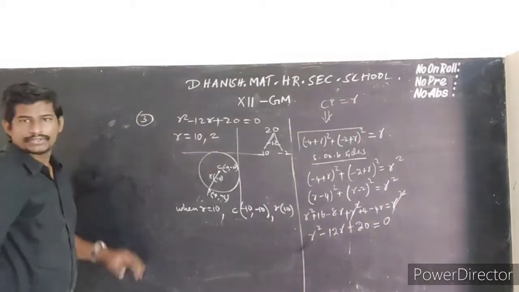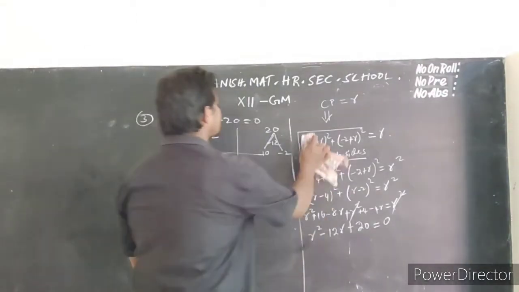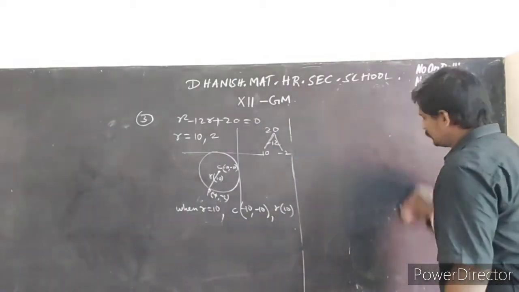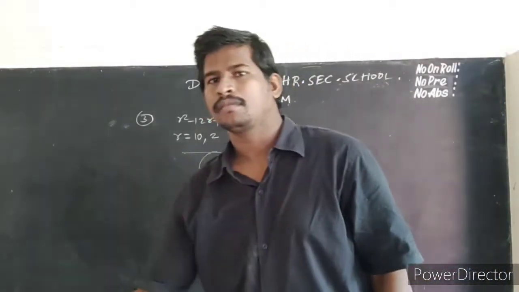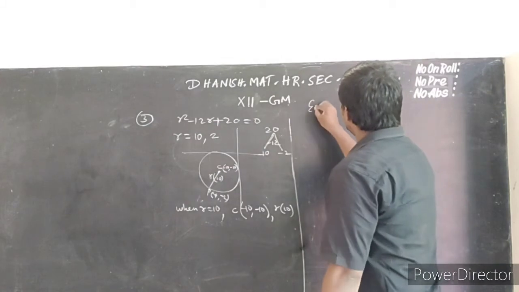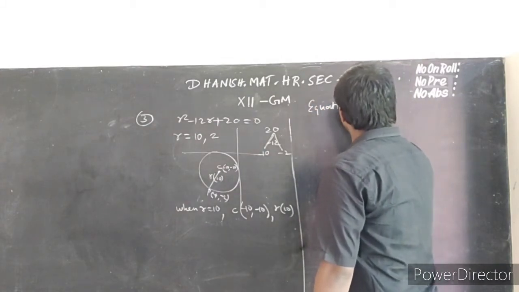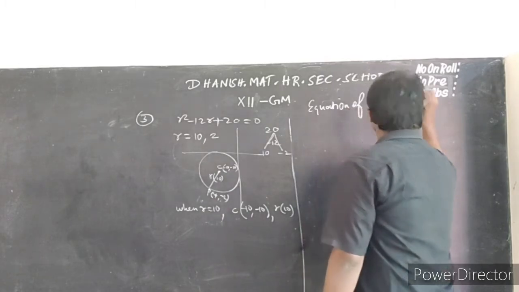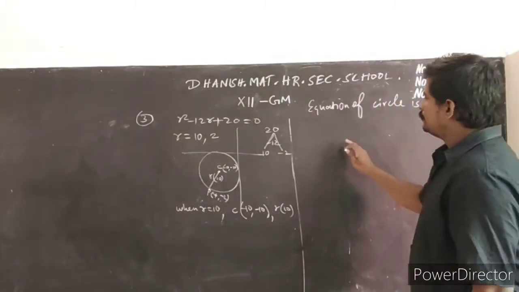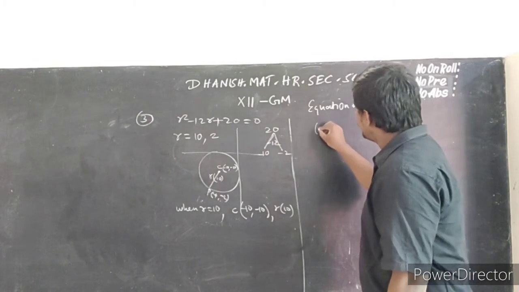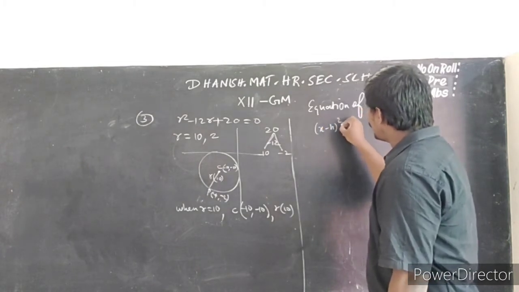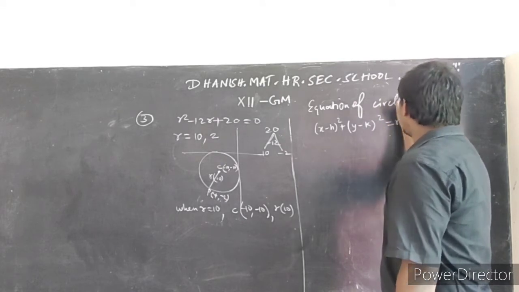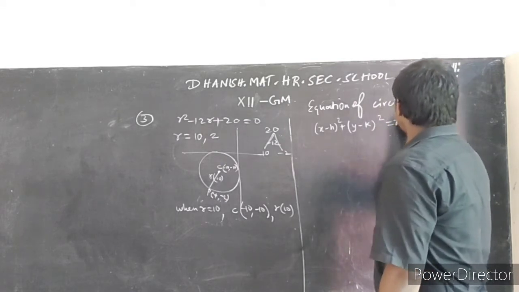Now the equation of the circle is (x minus h) whole square plus (y minus k) whole square equal to r square.